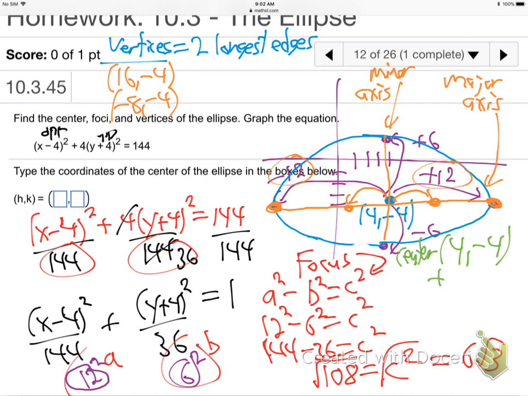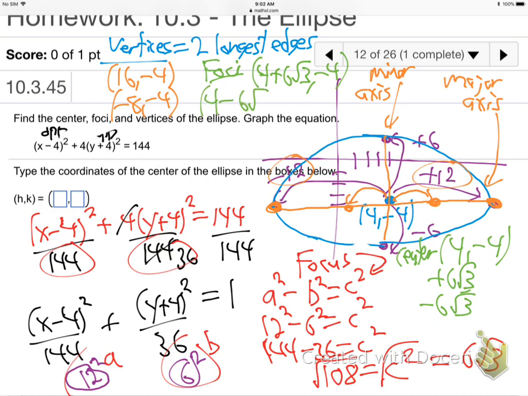And then I have to add 6 root 3 and subtract 6 root 3 from the x-coordinate, because it's right and left from the center, isn't it? So here we go. So the foci, I'll put them up here. So the foci points are what? 4 plus 6 root 3, comma, negative 4, and 4 minus 6 root 3, comma, negative 4.